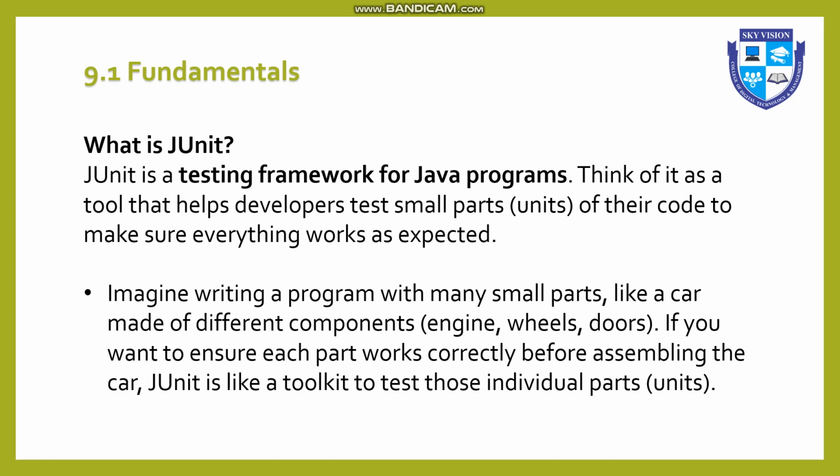Now, let's start with the first topic, called fundamentals. What exactly is JUnit? You can see over here, JUnit is a testing framework. What is the meaning of framework? A framework means we have predefined stuff.